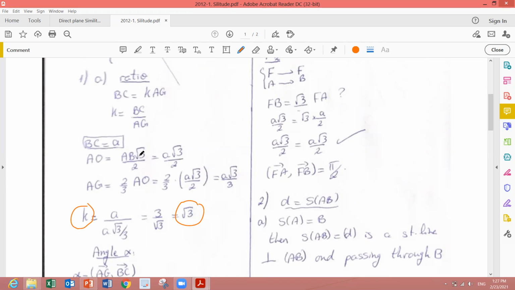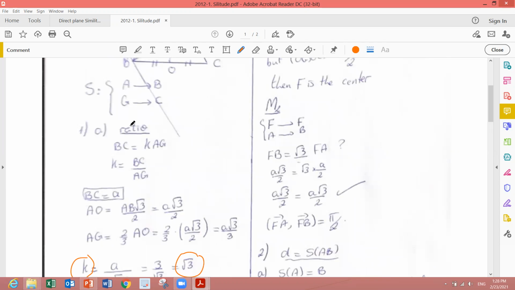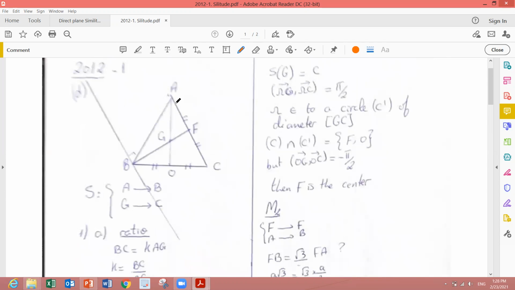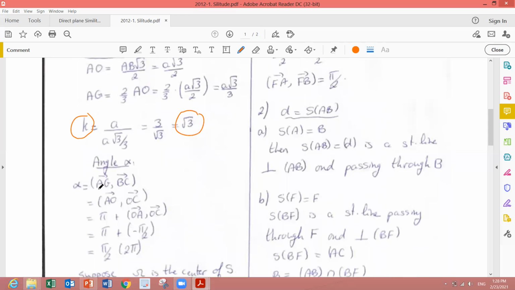What about the angle? What is the measure of the angle (AG, BC)?